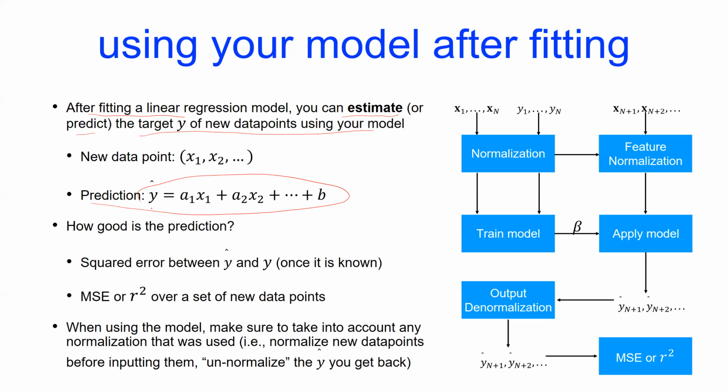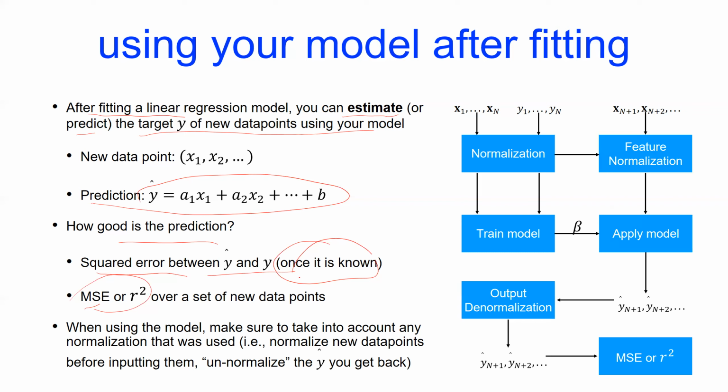Then you can ask how good the prediction is. You can use mean square error, or R square. Sometimes, if you want to assess how good your model is, you need to hold out a small portion of the data which has the answer, right?